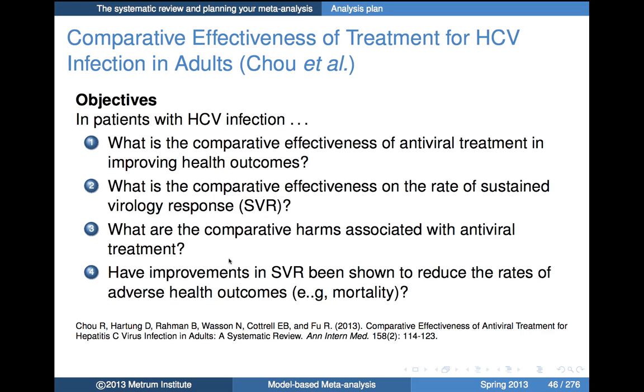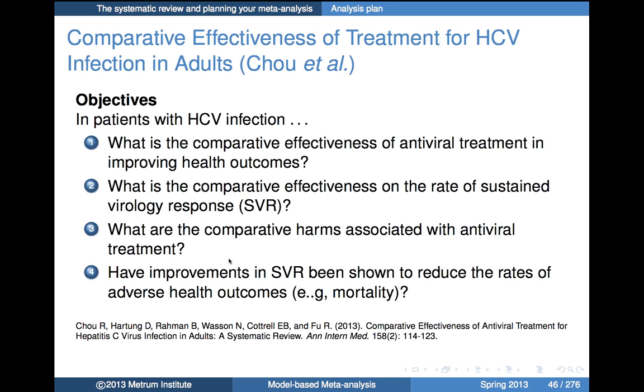In this case, the authors had 4 objectives. They were interested in focusing in particular on patients with HCV infection. What is the comparative effectiveness of antiviral treatment in improving health outcomes? What's the comparative effectiveness on the rate of sustained virologic response, or SVR rates? What are the comparative harms associated with antiviral treatment? And have improvements in SVR been shown to reduce the rates of adverse health outcomes?